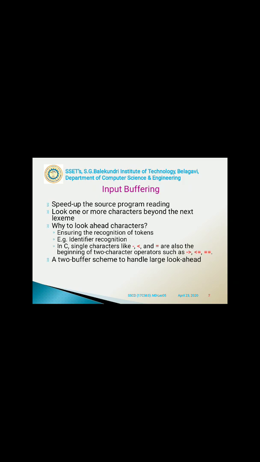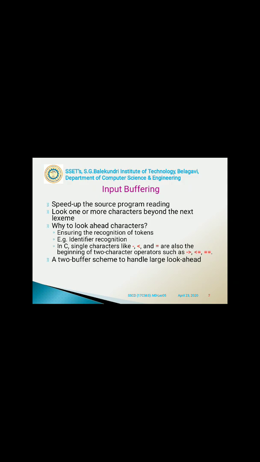What happens in the C programming language is that after reading i, there could be an f, and after that there could be an opening parenthesis. If this is the case, then if cannot be an identifier; it is a reserved word, a keyword. So that's what it has to do. Your lexical analyzer must look one or more characters ahead before concluding for a specific token.